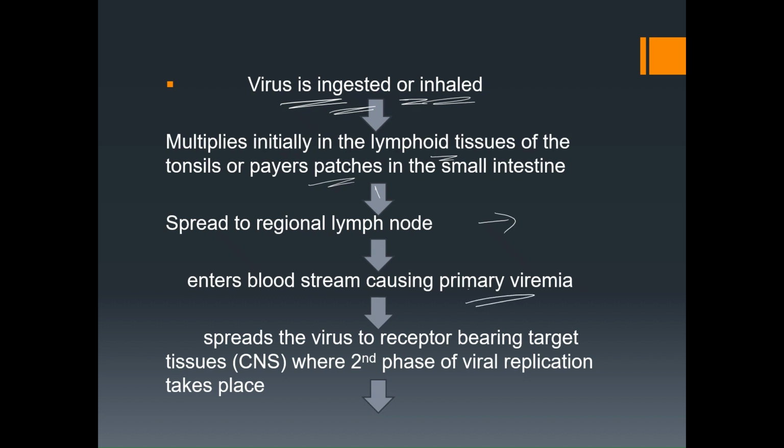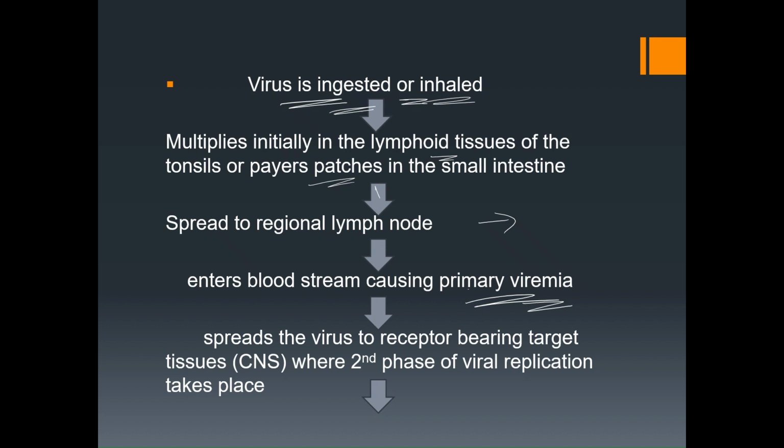So initially it is ingested or inhaled, enters the lymphoid tissues of the tonsils or Peyer's patches in the small intestine, multiplies there, then spreads to regional lymph nodes, maybe cervical or mesenteric lymph nodes, and enters the bloodstream, which causes primary viremia. Viremia means presence of virus in the blood.